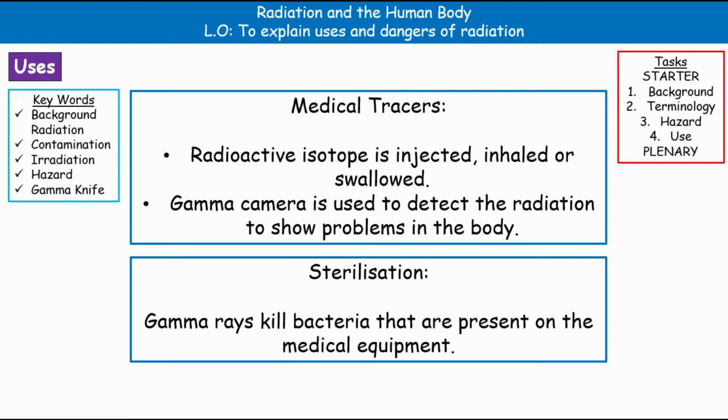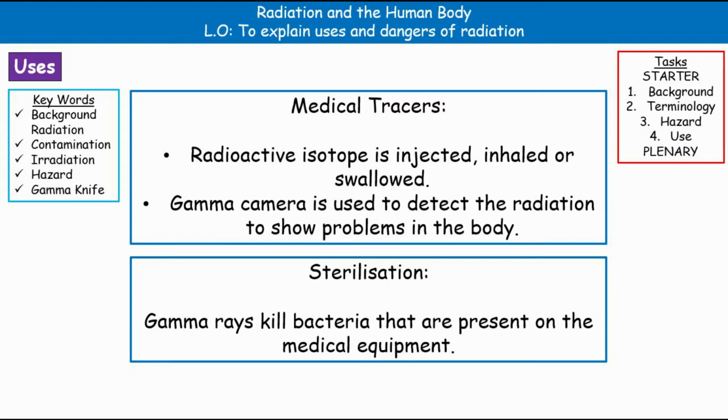Once you've actually done that, the next thing that we do is we use a special bit of equipment called a gamma camera, and we then pass that over the body, the region we're looking at, and what it does is it detects the radiation, because the radioactive isotope that you have taken into your body is then going to be emitting this gamma radiation, which is able to pass out through your skin, because as we saw in our previous lesson, gamma is the most penetrating. It's picked up by the gamma camera, and then on a screen we can see where any problems are.